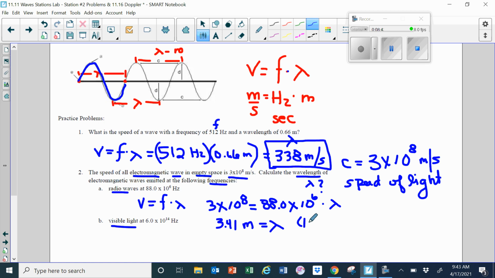Now let's look at a shorter wavelength electromagnetic wave, and that's visible light. We'll do that down here. Again, for visible light, its velocity is the speed of light, 3 times 10 to the 8. And that's going to equal 6.0 times 10 to the 14, the frequency, times the wavelength.